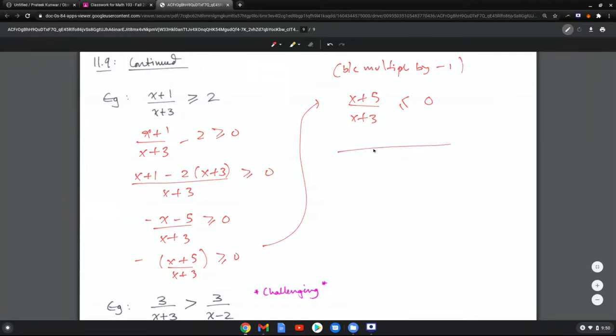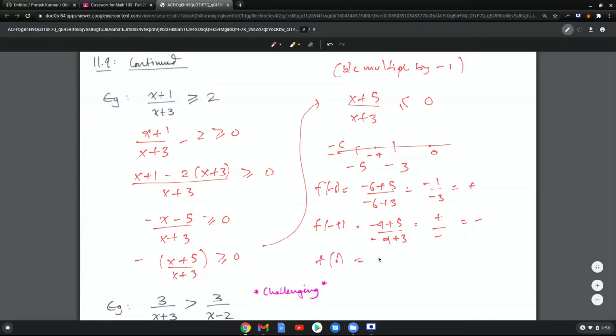All right, so my points are negative 5 and negative 3. Then my test points are going to be 0, negative 4, negative 6. Now f of negative 6, again, I don't have to find the actual value, right? That's negative 1 over negative 3, which is positive. f of negative 4 is going to be negative 4 plus 5 over negative 4 plus 3, which is positive over negative, which is negative, and f of 0 is 5 over 3, which is positive.